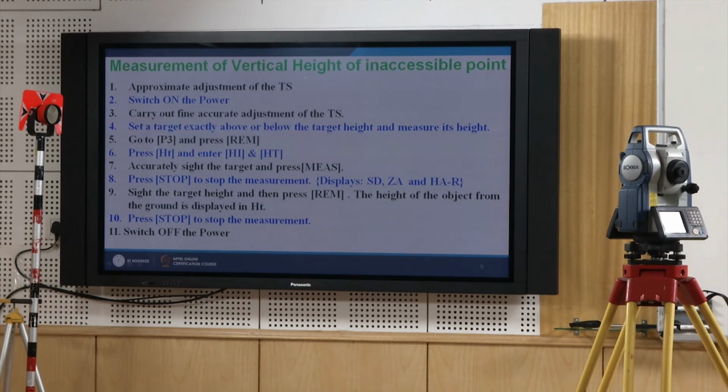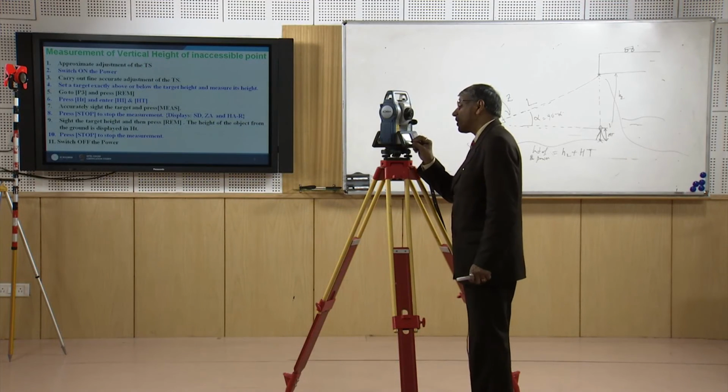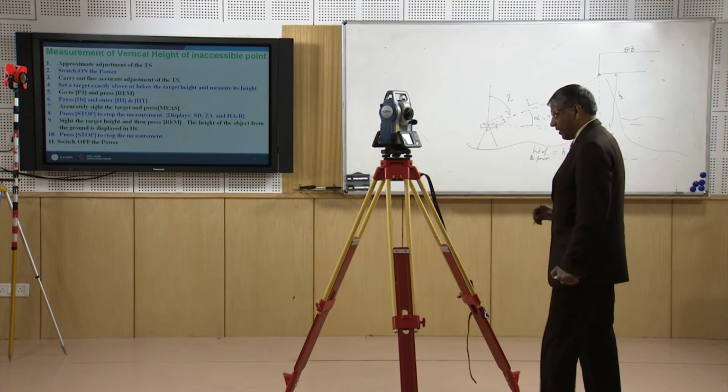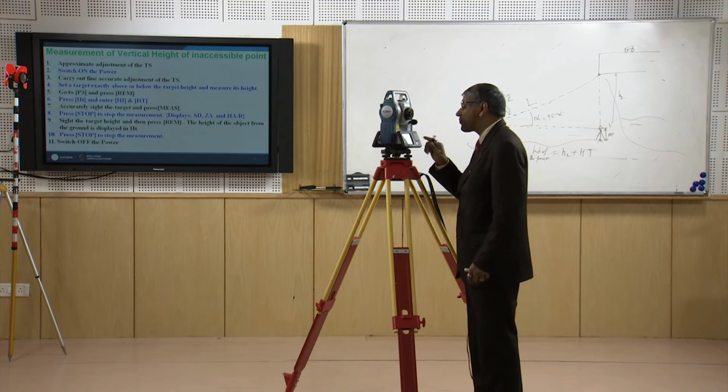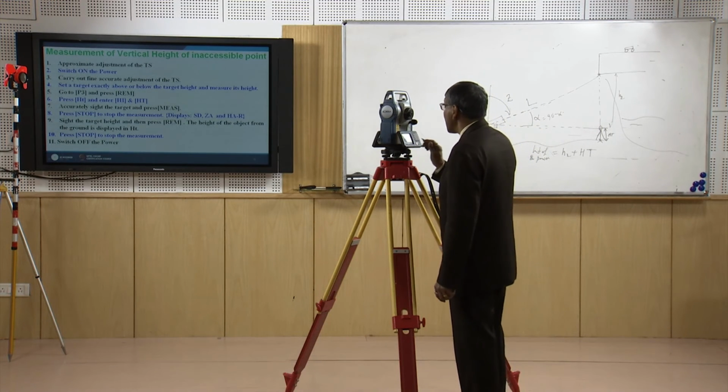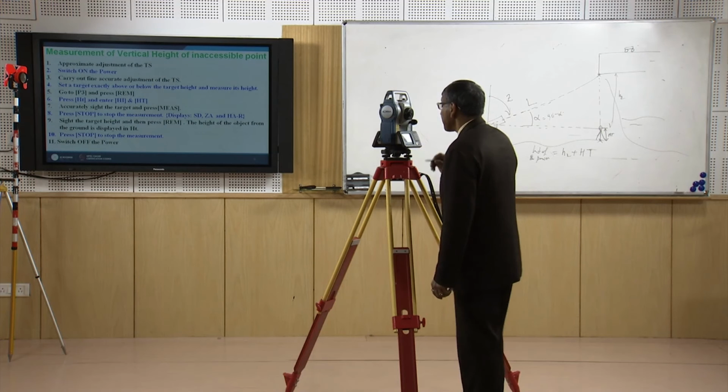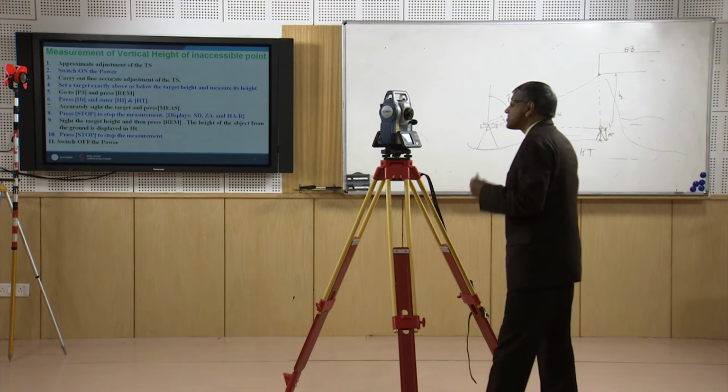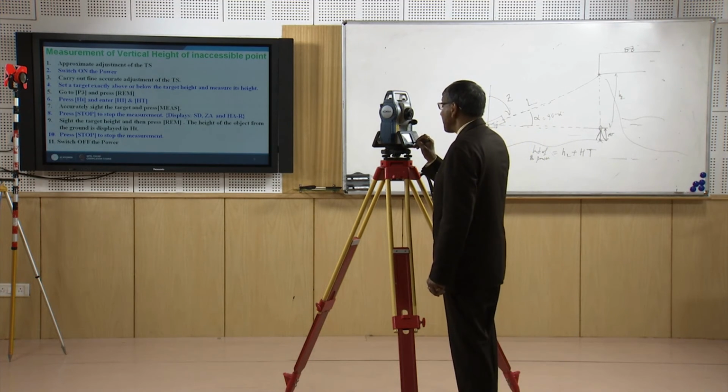Once it is bisected, I will go to the main menu, to the observe menu. Under the observe menu there is page 1, page 2, page 3. I will go to page 3, where there is a special function called REM.